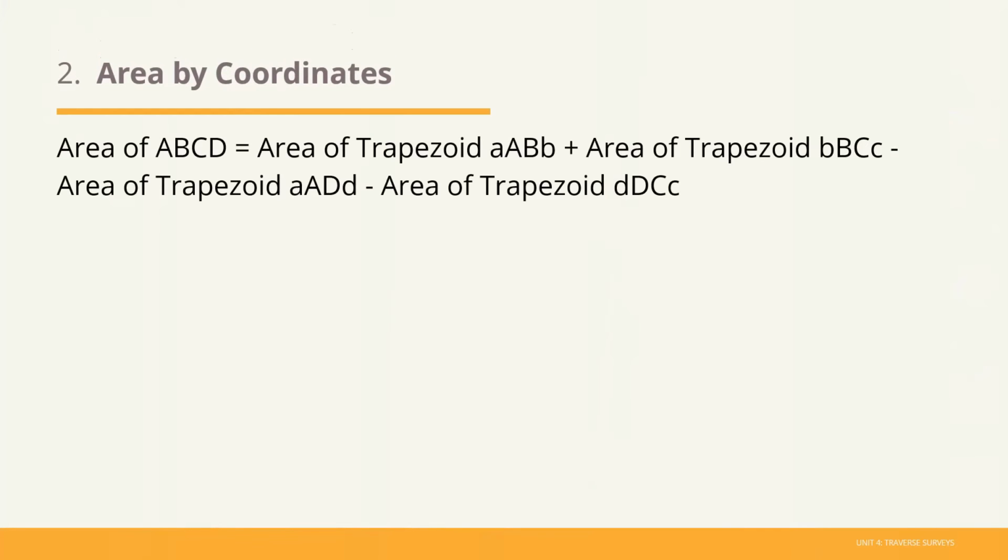And so based on that figure, it can be derived that the area of ABCD is equal to area of trapezoid AB plus area of trapezoid BC minus area of trapezoid AD minus area of trapezoid DC.